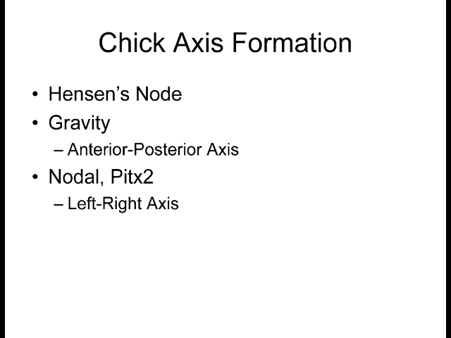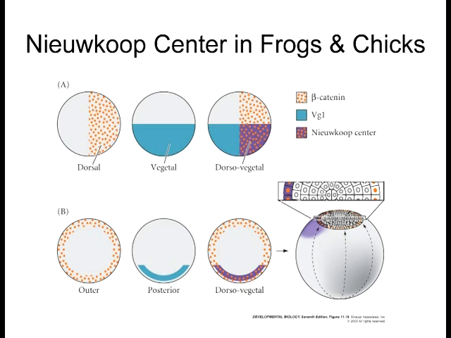So let's look here. This region, the Nieuwkoop center, will induce the various cells that will eventually become Hensen's node, which is the organizer of the chicken. Now, Hensen's node doesn't actually form, the organizer doesn't form until these cells reach the most anterior region of the embryo.